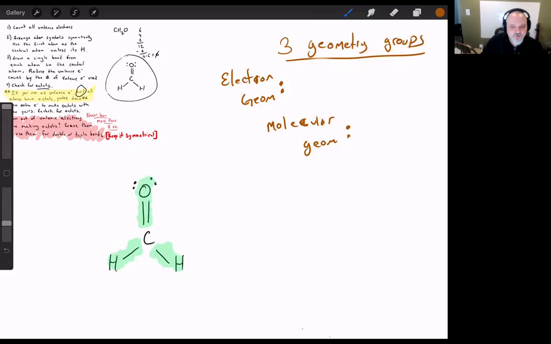So what's the electron geometry here? Trigonal planar. What's the molecular geometry? It's the same, right? Trigonal planar.